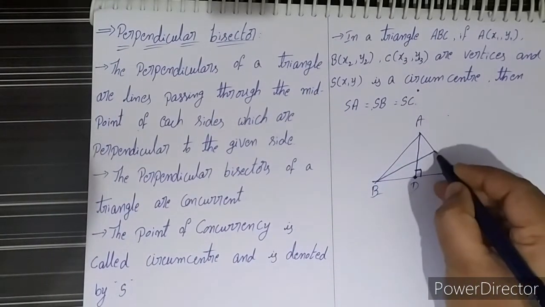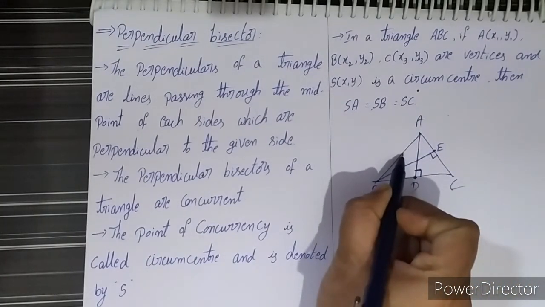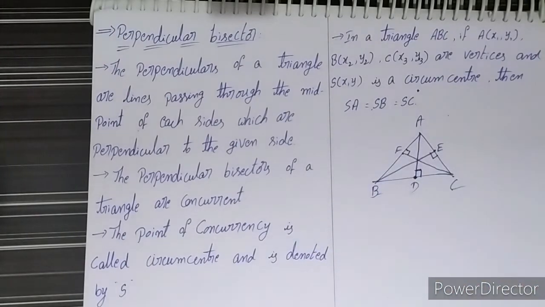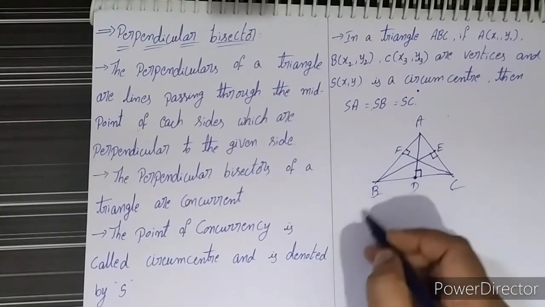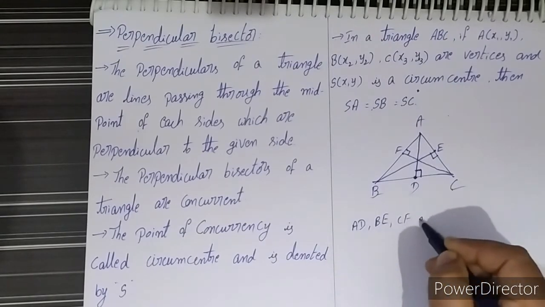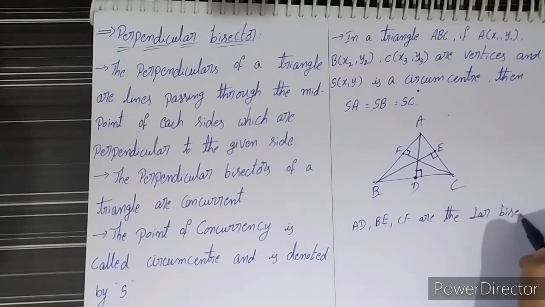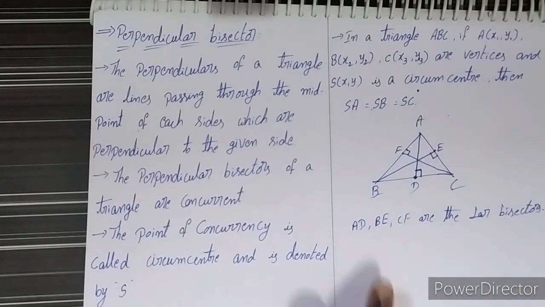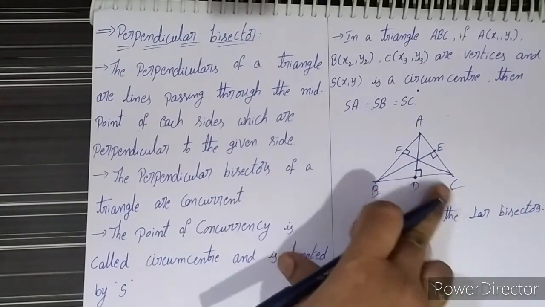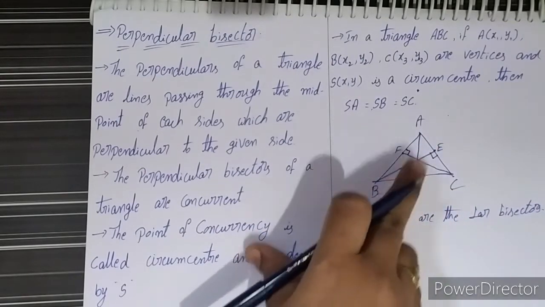Similarly, this is the E perpendicular and CF. That means here AD, BE, CF are the perpendicular bisectors. AD is drawn from the vertex A and BE is drawn from the vertex B and CF is drawn from the vertex C, and these are perpendicular to the opposite side.